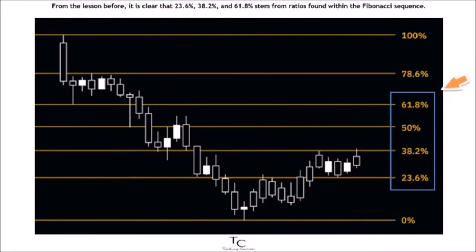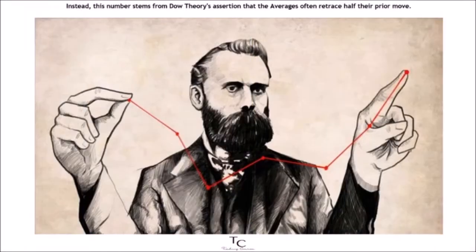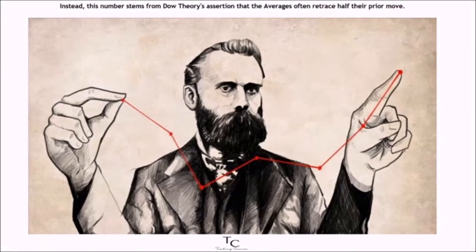From the lesson before, it is clear that 23.6%, 38.2%, and 61.8% stem from ratios found within the Fibonacci sequence. The 50% retracement is not based on a Fibonacci number. Instead, this number stems from Dow theory's assertion that the averages often retrace half their prior move.